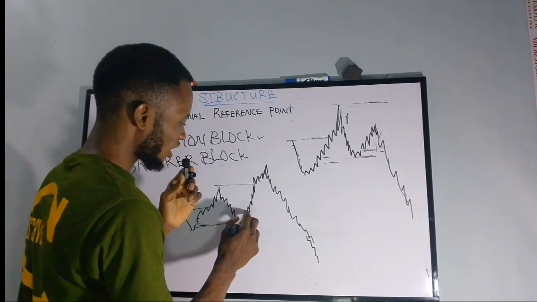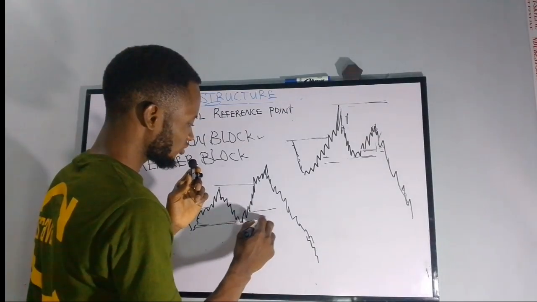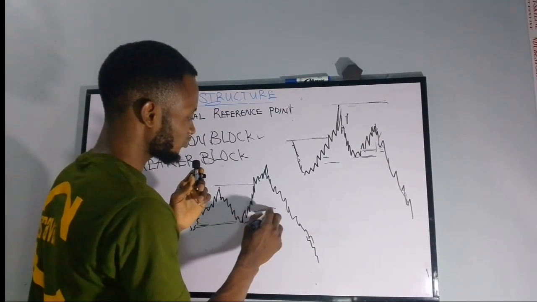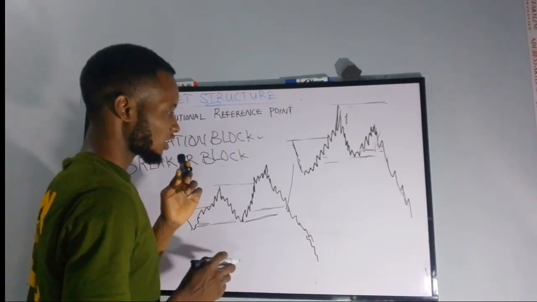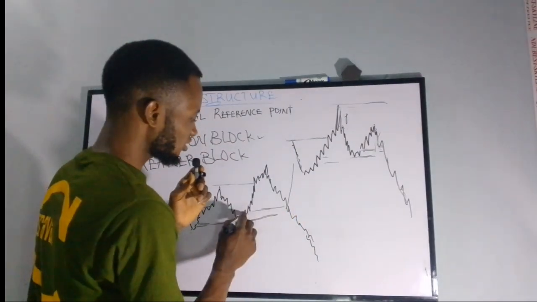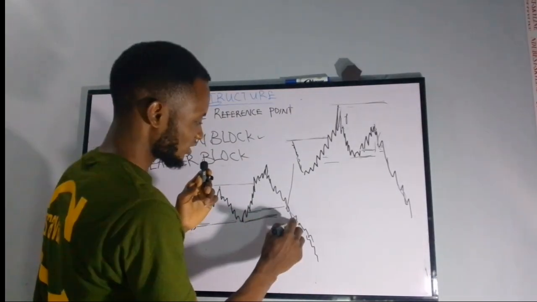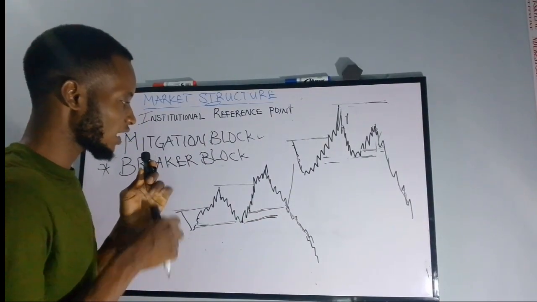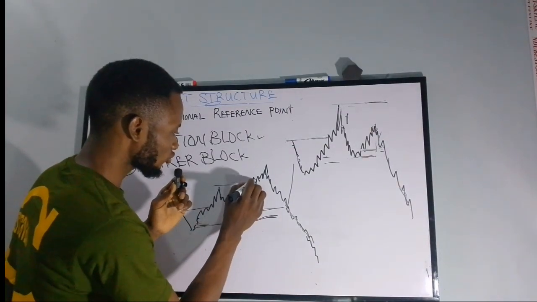So after price broke structure, what we actually expect is that price should come down to this region, and then this region should hold the price and push it back to the upside. But what happened is that this region couldn't hold price, and price disrespected it. So how do you identify it? You see this region broke structure.